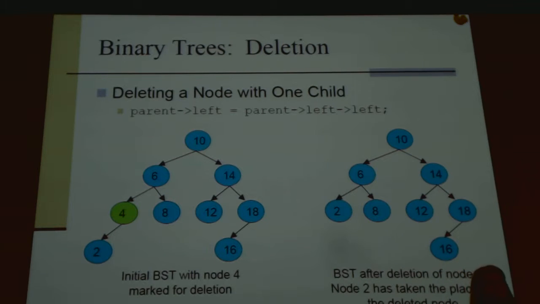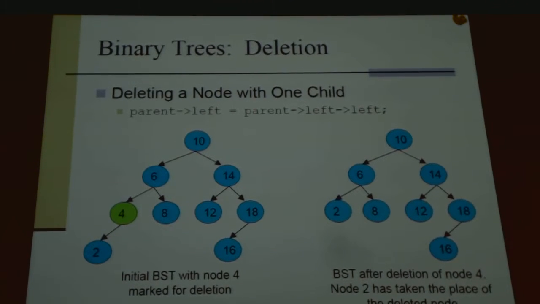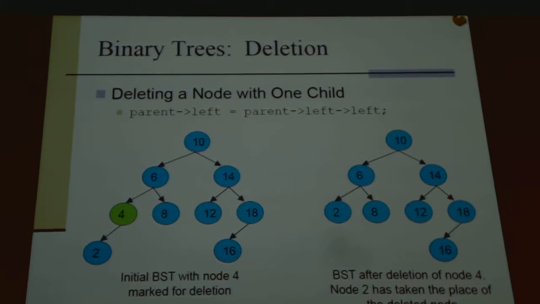Less than. It's still going to be less than. We're not going to corrupt our binary search tree by pulling those up one level, because they already meet the requirements of the binary search tree: the data that is below or to the left of our 6 is always going to be less than our 6, because that's what the rules say.